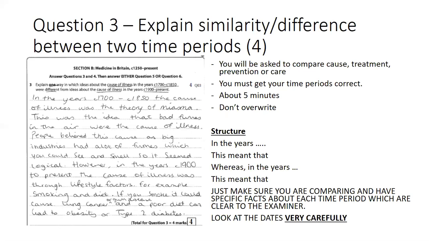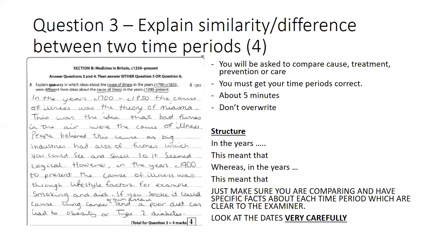People believed this cause, as big industries had lots of fumes which you could see and smell, so it seemed logical. 2 marks, perfect. However, in the years 1900 to present, the cause of illness was through lifestyle factors, for example, smoking and diet. If you smoke, it could cause lung cancer or gum disease, and a poor diet can lead to obesity or type 2 diabetes.